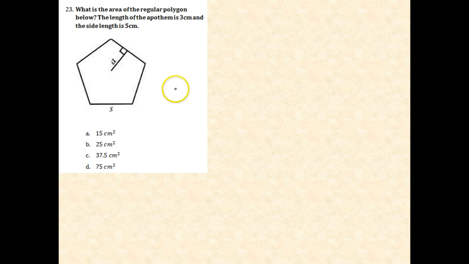What is the area of the regular polygon below? The length of the apothem is 3 centimeters, and the side length is 5. If you recall the formula for the area of a regular pentagon, or a regular polygon, it is 1/2 the apothem times the perimeter.